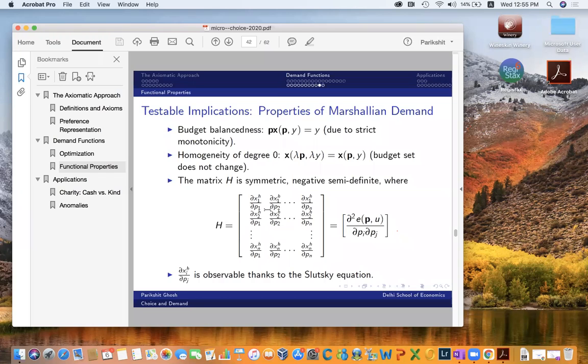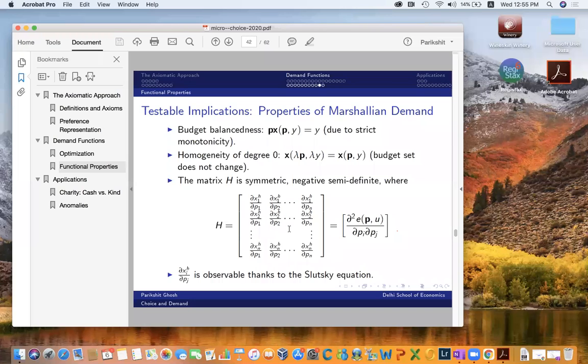And you can show from that matrix condition that all the diagonal elements have to be negative, right? So all the slopes of the various Hicksian demand functions with respect to the price of that good itself will all have to be negative, right? Now, that's the main result that we can prove from this theory, right?